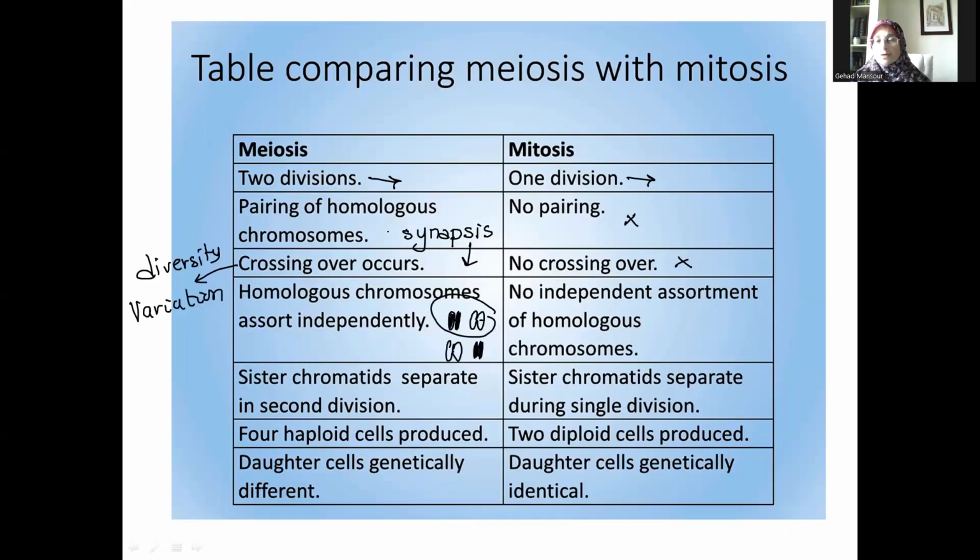So you might have, for example, for the first pair of chromosomes, the paternal to the left and the maternal to the right. But for the second pair of chromosomes, you might have the maternal to the left and the paternal to the right. So for one pair only, it doesn't matter whether they are arranged like this or like that, but for the whole set, it would make a big difference, because you would have different arrangements of the different chromosomes around the equator.